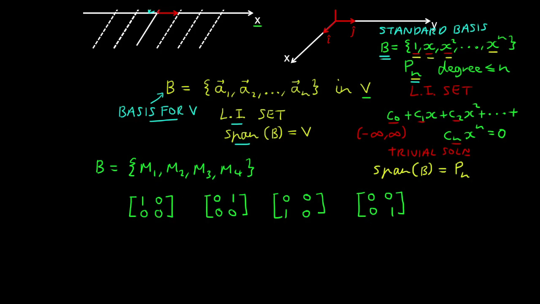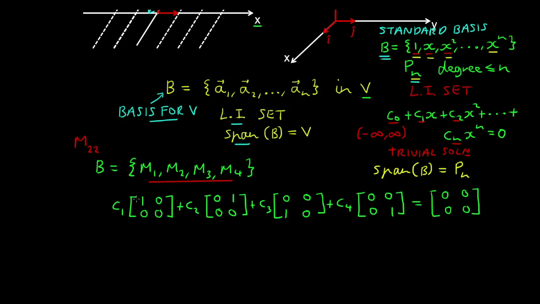And we want to see if this set of matrices forms a basis for the vector space of 2 by 2 matrices. So to show this, we test for linear independence. So we have a coefficient c1 times M1 plus c2 M2 plus c3 M3 plus c4 M4. And we set that equal to 0.